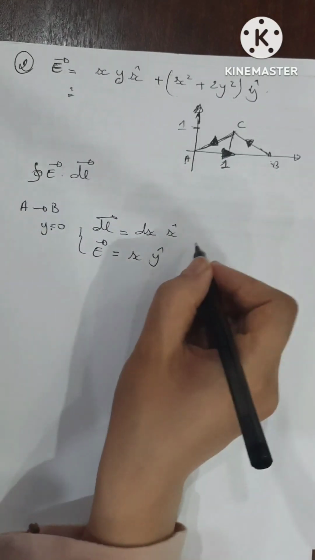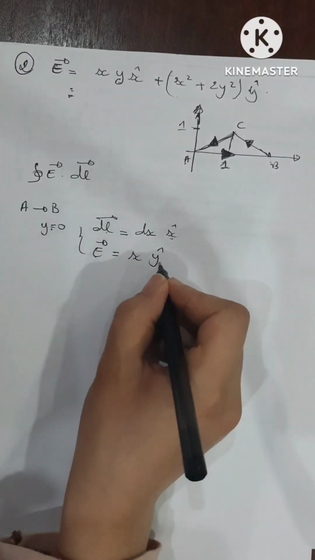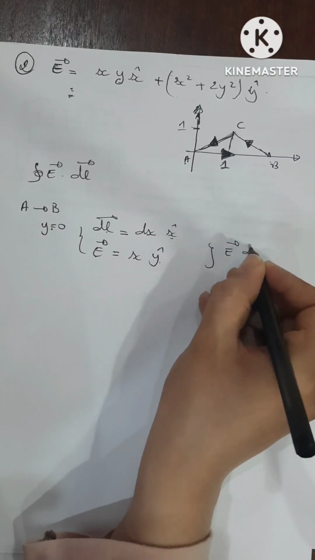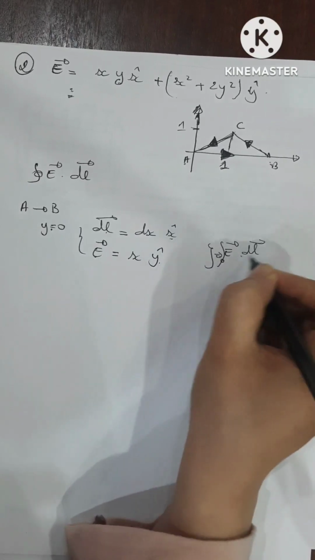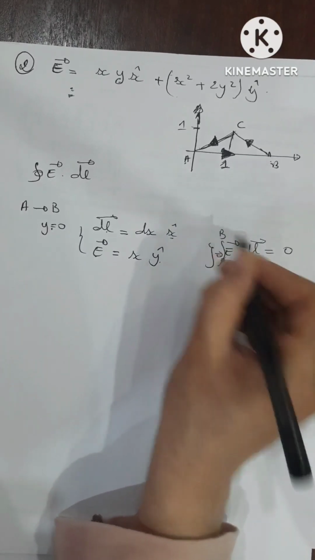So the same as the previous one. So E dl is 0 from A to B.